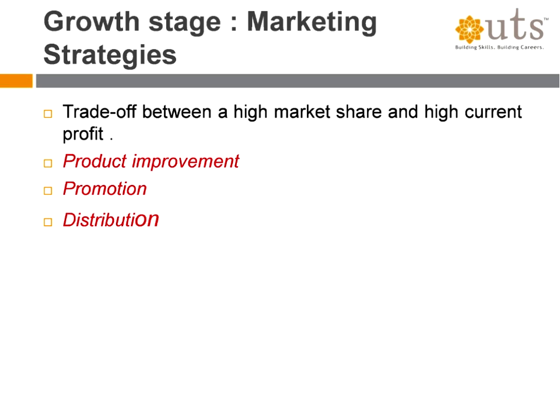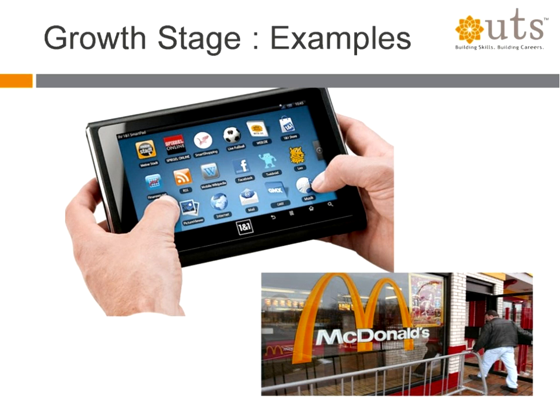And in distribution, you can see how Surf is getting market penetration, how it is increasing its reach from malls to the very next shop beside your home. Surf will always be present there. So this is what marketers do when a product is in the growth stage. These are some examples. McDonald's is also an example of the growth stage.